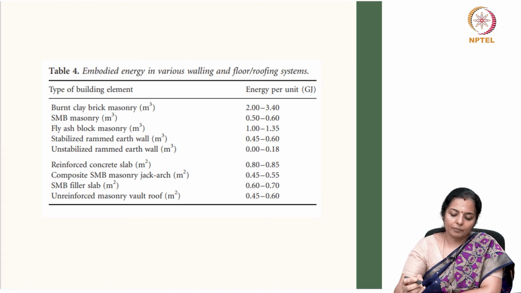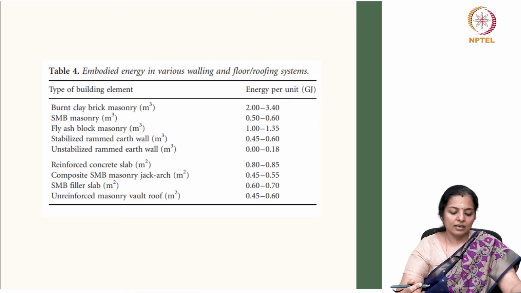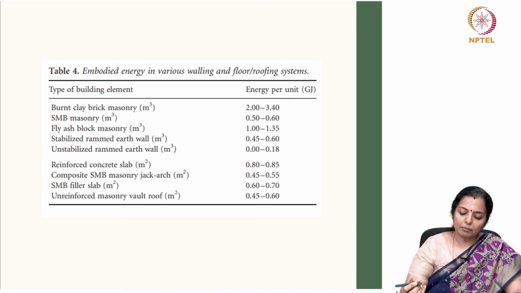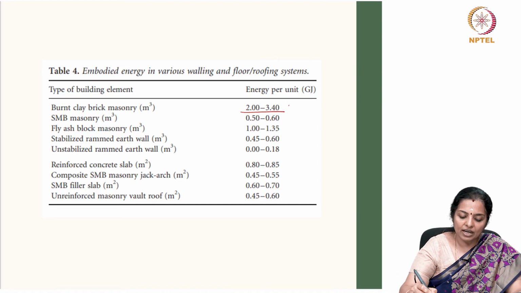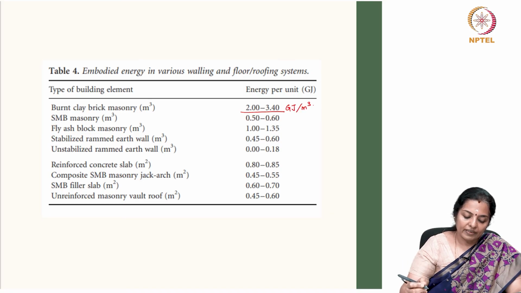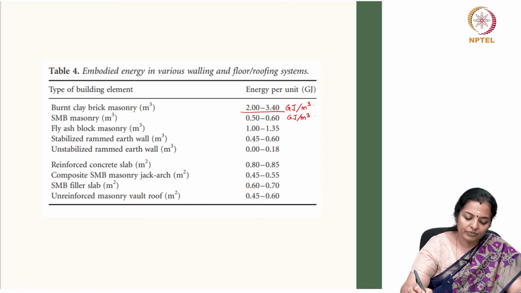If we take a comparison, burnt clay brick masonry has an embodied energy of 2 to 3.5 gigajoules per meter cube, whereas stabilized mud block masonry has only 0.5 to 0.6 gigajoules per meter cube.